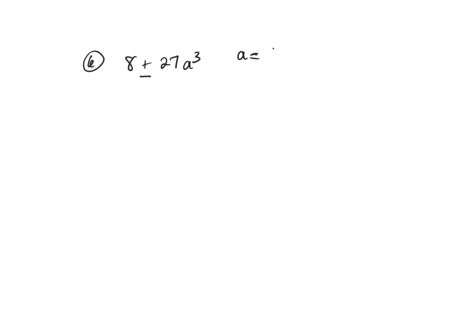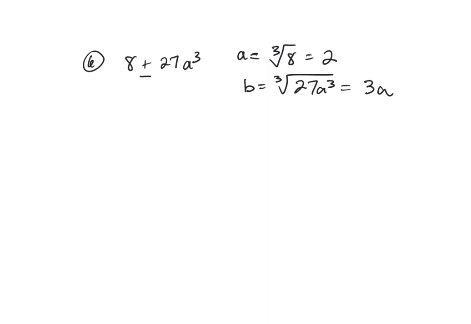So the cube root of 8 is equal to 2, and the cube root of 27a cubed is equal to 3a. Because the cube root of 27 is 3, you can use your calculator to find that, and the cube root of a cubed, you divide 3 by 3, which gives you a to the first, which is simply a.